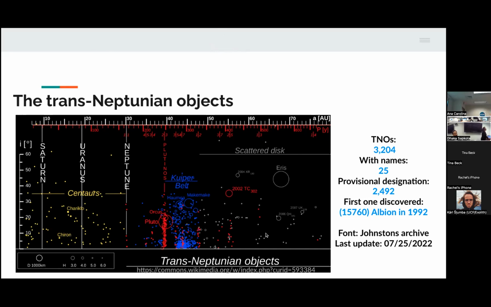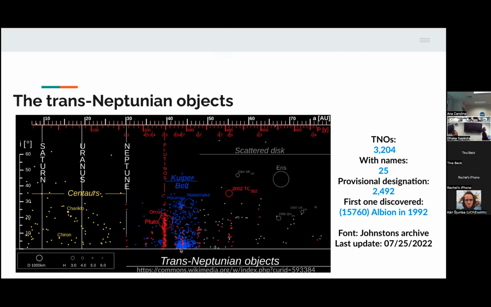We have in blue the Kuiper belt itself. The trans-Neptunian region is also known as the Kuiper belt because Kuiper was a scientist who predicted the existence of such a structure beyond Neptune. But it's also known as the classical belt.